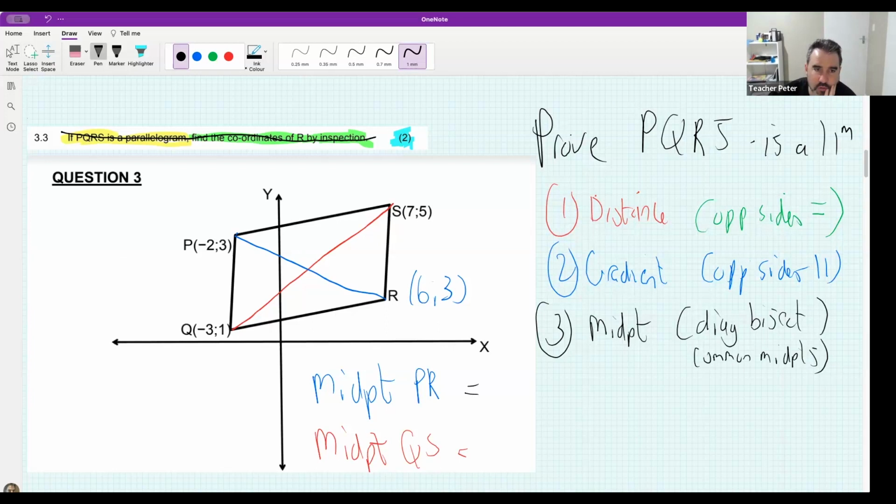So let's do this. Minus 2 plus 6 over 2, and then 3 plus 3 over 2 gives me the midpoint of PR, and the midpoint of QS.